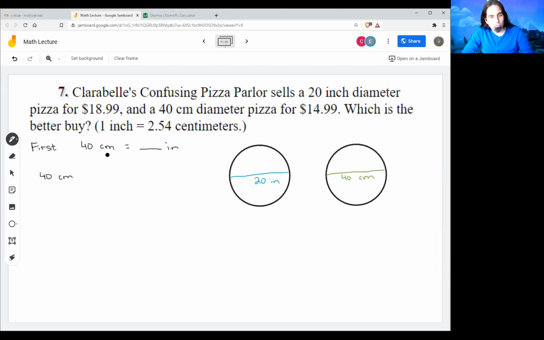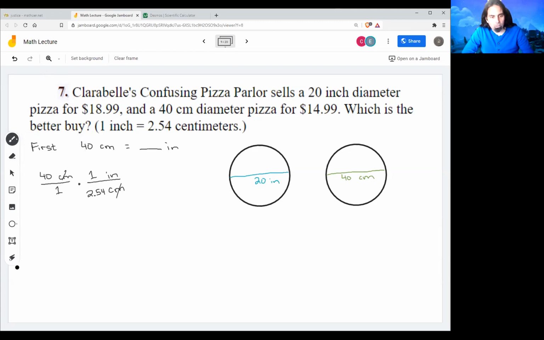So start with what they give you, 40 centimeters. Is it a fraction? No, put it over 1. And then I want the centimeters to cancel and turn it into inches. So we'll put the 2.54 with centimeters and the 1 with inches. Why does this work?